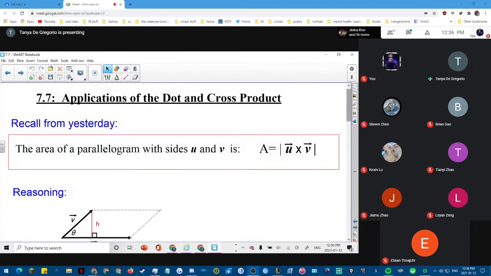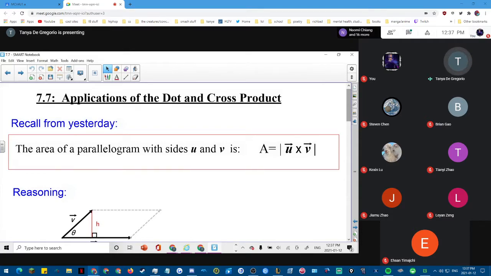Okay, so recall from yesterday. We did the cross product yesterday, and we learned that when you take the cross product, it gives you a vector that is perpendicular to both of the vectors that you're crossing. We learned that you can have any scalar multiple multiplied by that in the same direction. So there's an infinite number of vectors perpendicular to those two vectors that you are crossing.